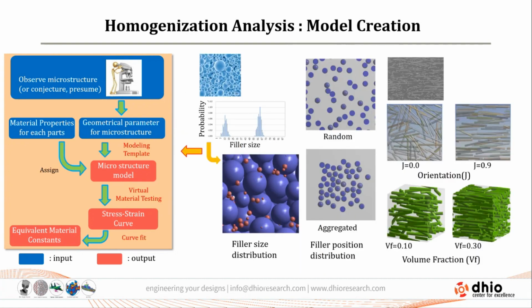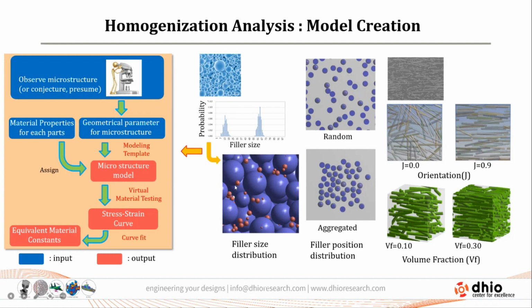Apart from that, we can also define, for example, this SEM image that we have gathered from the SEM. From it we can derive some information related to geometry, the filler diameter, and the distribution type of the fillers that we can see here.